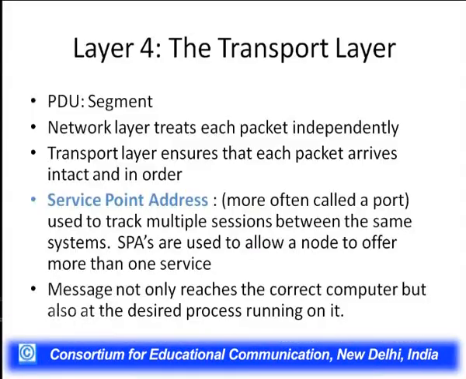Now, what does a segment basically mean? We have seen that the network layer treats each packet of data independently. Whether or not they belong to the same message, the network layer will not bother about delivering those packets in any kind of order. But the transport layer ensures that each packet arrives intact and in order. It ensures this by a process called segmentation.